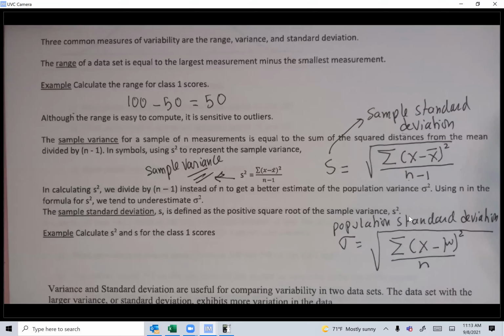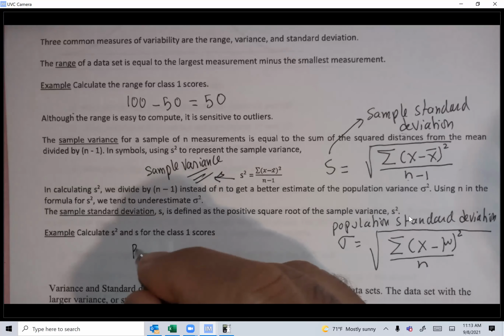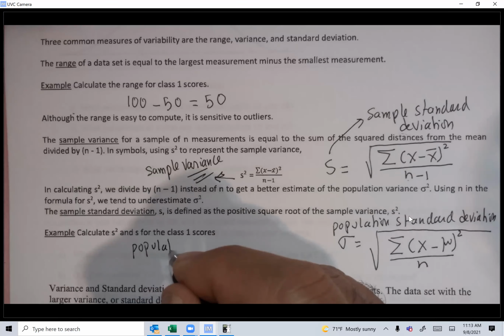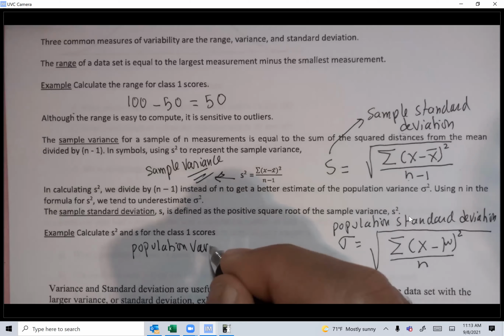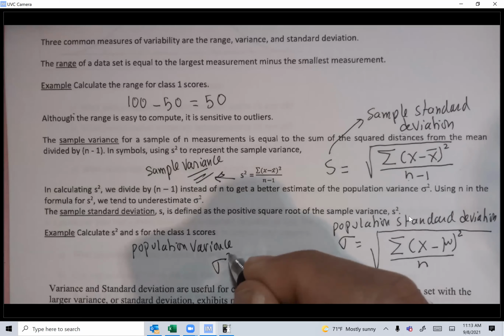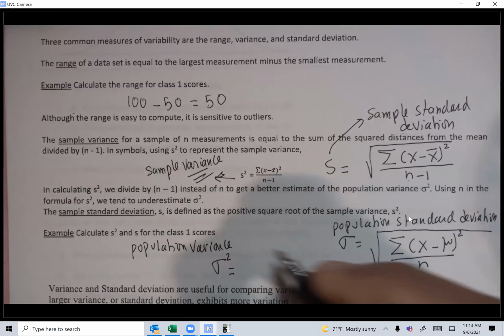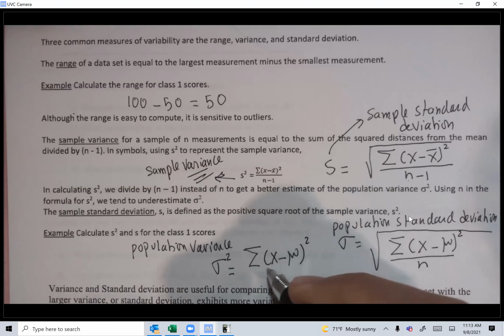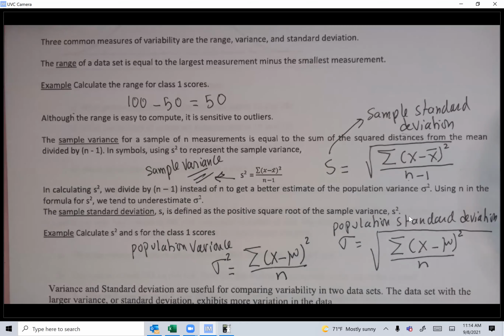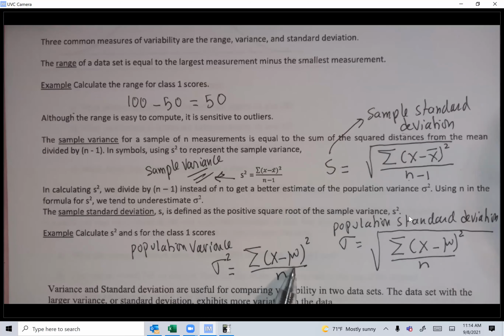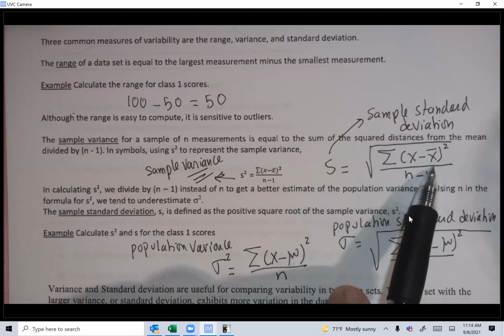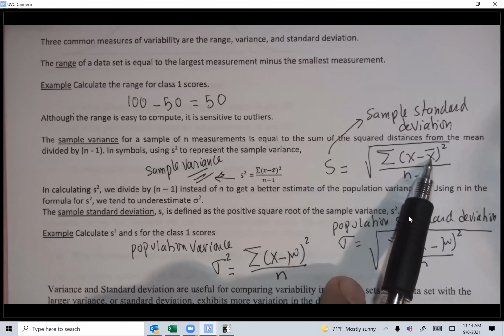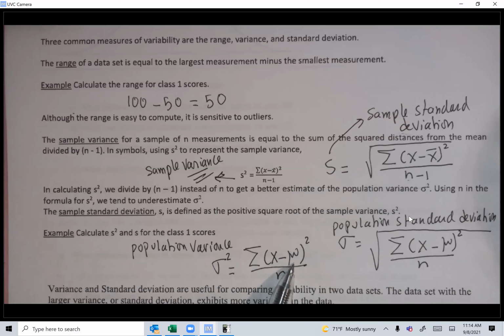Again, you're not going to be required to do it by hand at all. And the population variance is called sigma squared, which is the same formula but without the square root, guys. Now, if you ask me what's the difference between this and that, it's the same thing. That's a sample mean. It's just a label. This is the population mean. You just do the same work to find the mean.